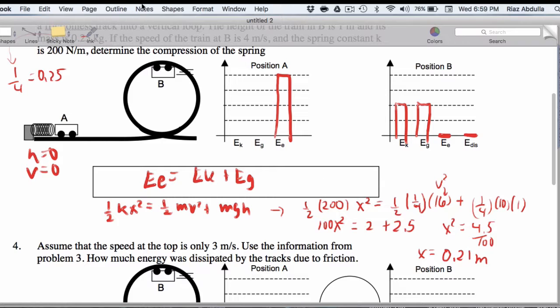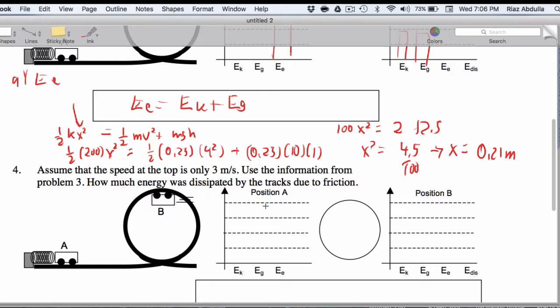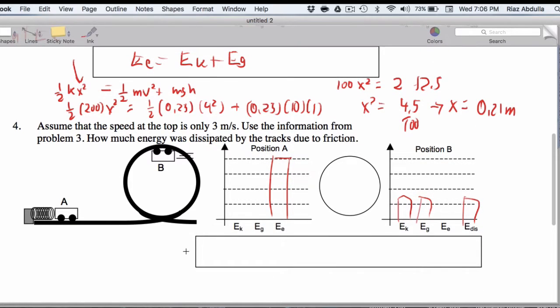Now we have a similar situation in 4, where what we want to do is we have the speed at the top, which is only 3, and we have gravity, and we've lost energy when we're dissipated starting from all elastic energy. So let's use the numbers we had from before, but first we have EE equals EK plus EG plus E dissipated. So keeping this in mind, we need to kind of make sure we're combining things correctly. So let me just make sure of one small thing before we continue.